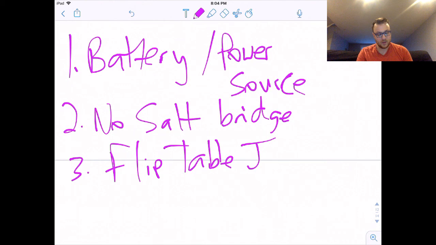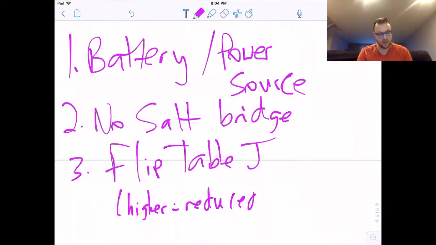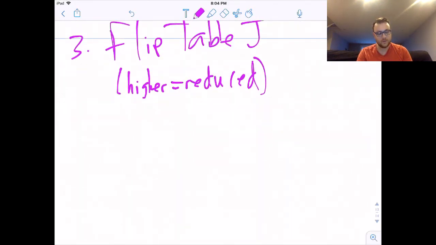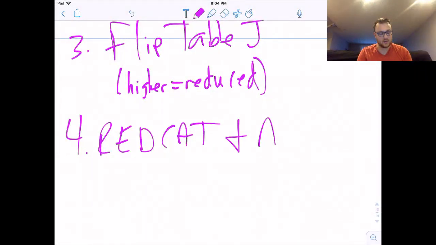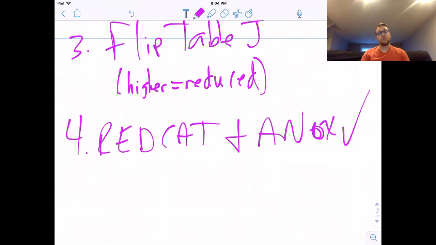4. Red cat and an ox still good. Reduction will still occur at the cathode. Oxidation will still occur at the anode. All you're doing is flipping what one is getting oxidized and what one is getting reduced. That's all. Everything else is the same. It's just flipping table J. 5, it is not spontaneous.